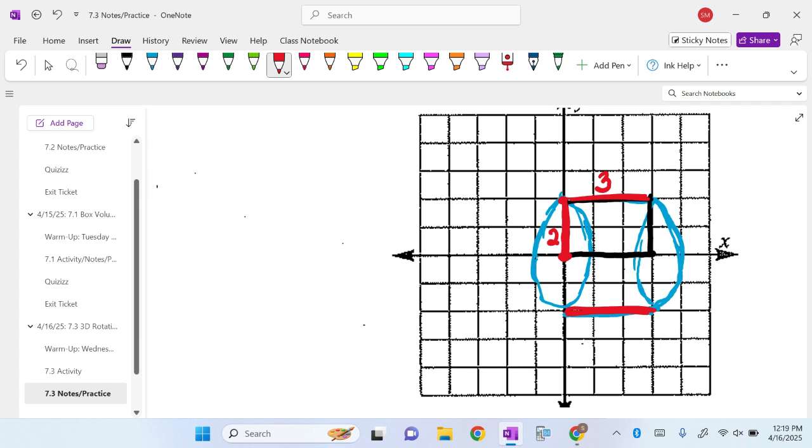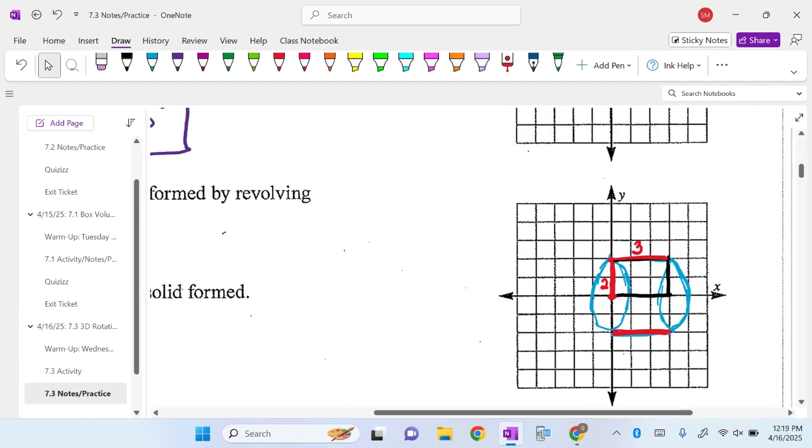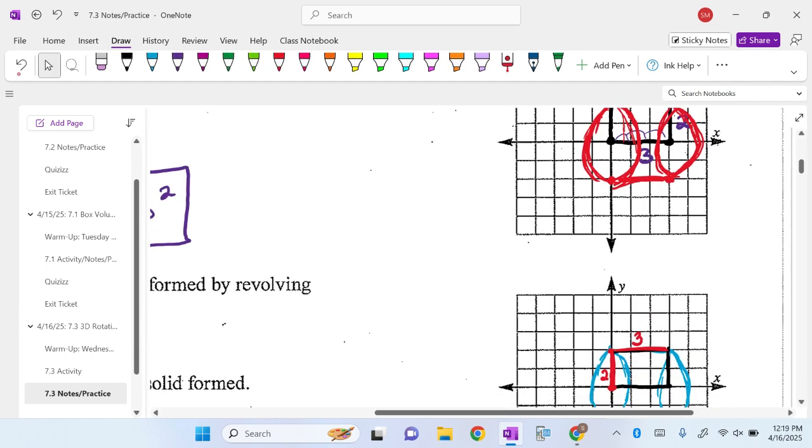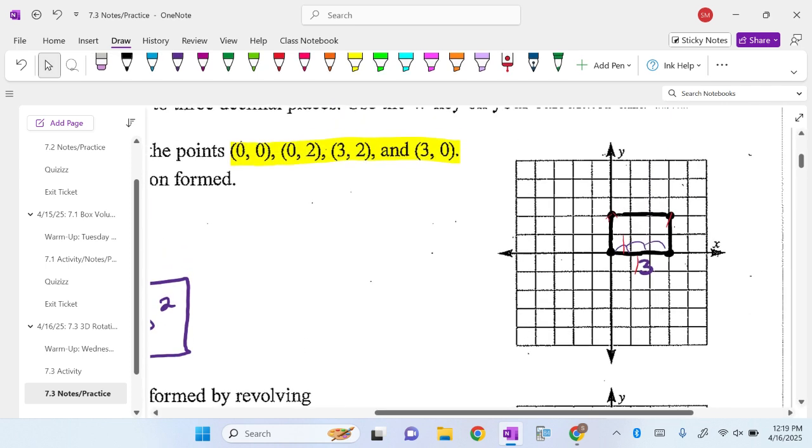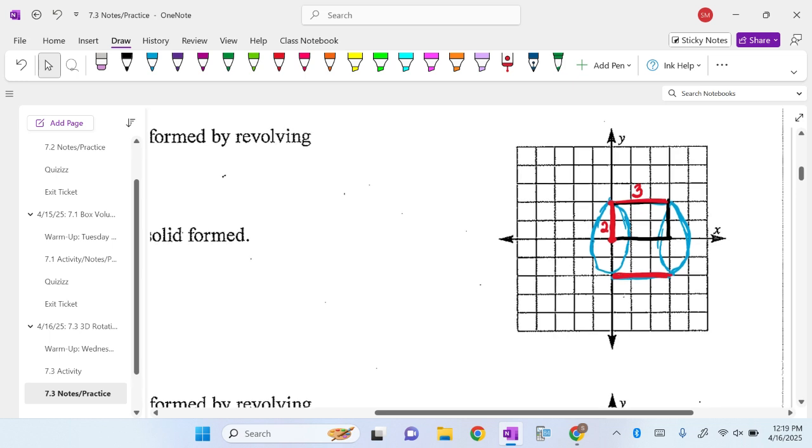All right. You guys see the similarities from the first one? What's the similarity? It matches the dimensions of the rectangle from this first problem. So in this first problem, it matches the dimensions we have here. So 3 and 2. We have a 3 by 2 rectangle.